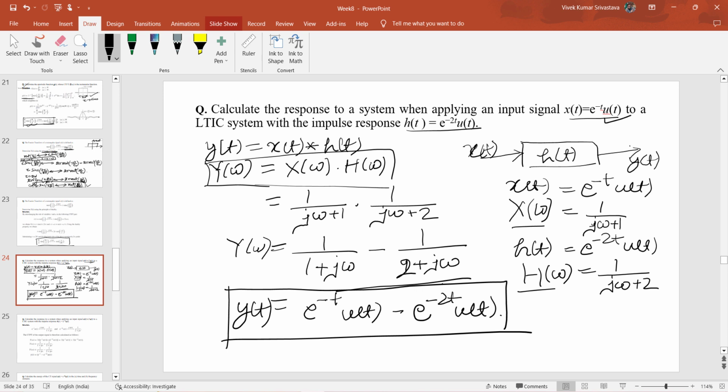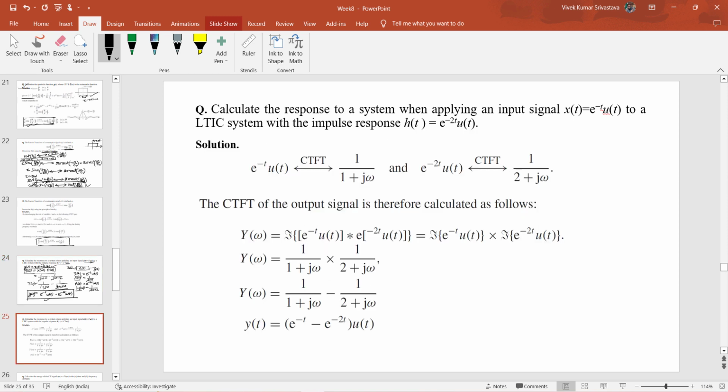So from this problem we have seen how to use the property of Fourier transform, that is the convolution property, so as to evaluate the response. So here is the solution.